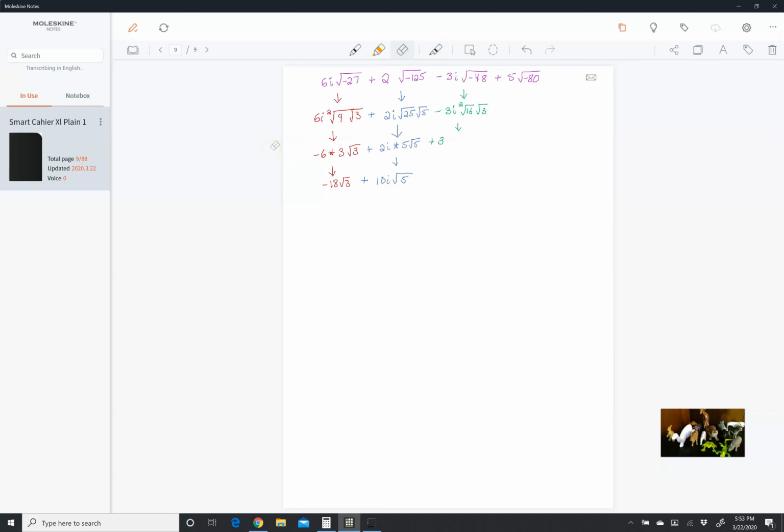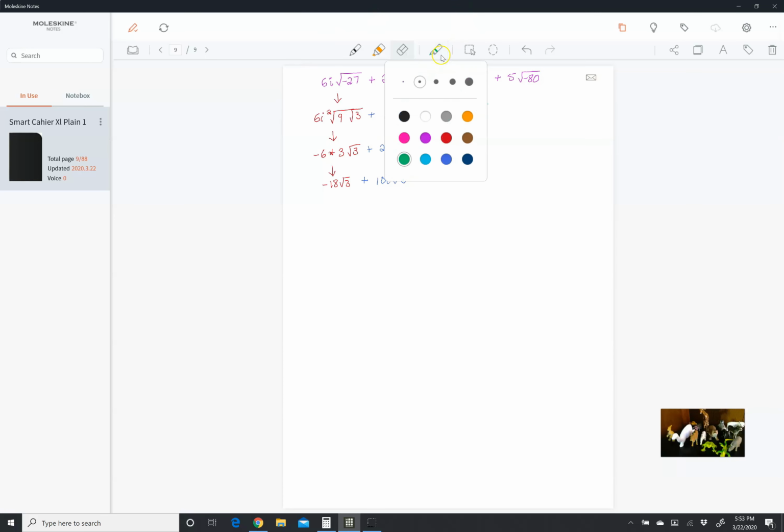This i squared, that's where the positive came from, okay? So now we have 3 times 4 square root of 3, which leaves us with plus 12 root 3.